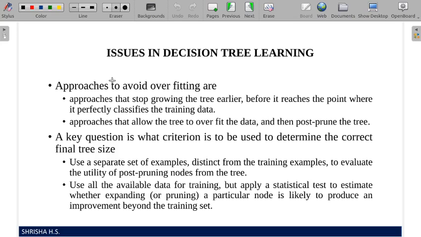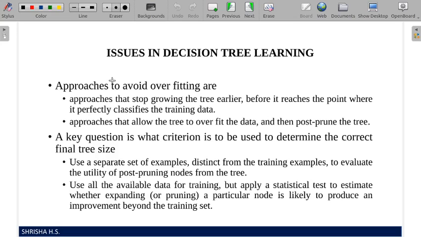The first approach is to stop growing the tree earlier, before it reaches the point where it perfectly classifies the training data. If our hypothesis is perfectly classifying the training data, it may have overfit the data. The second approach allows the tree to overfit the data first, then post-prunes the tree. Pruning means removing nodes from the tree.